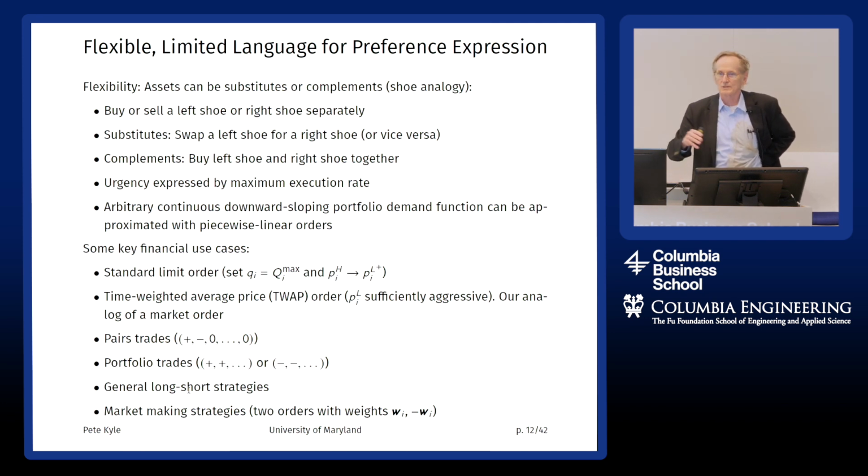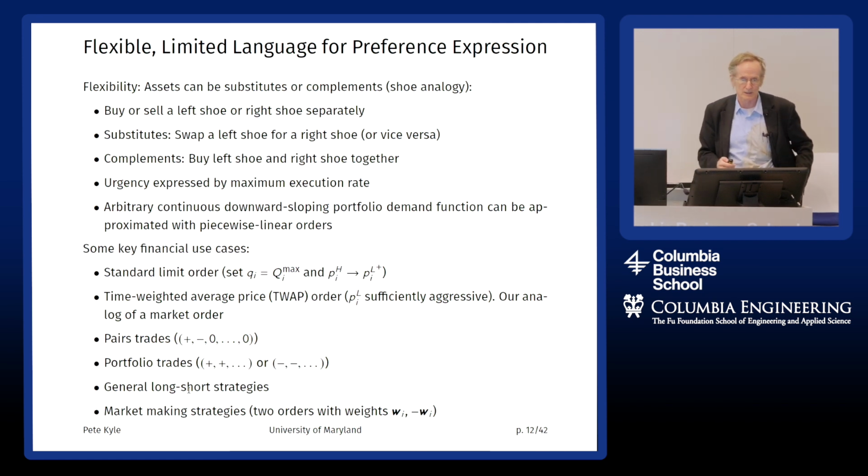It allows urgency to be expressed by having a lowercase q being different from the big Q, so the rate at which you buy can be different from the total quantity you want to buy, which means the time horizon can be very long or very short. And you can approximate a pretty arbitrary continuous downward sloping demand schedule for portfolios as a function of the price of the portfolio itself with piecewise linear functions just by adding together lots of different piecewise linear functions.